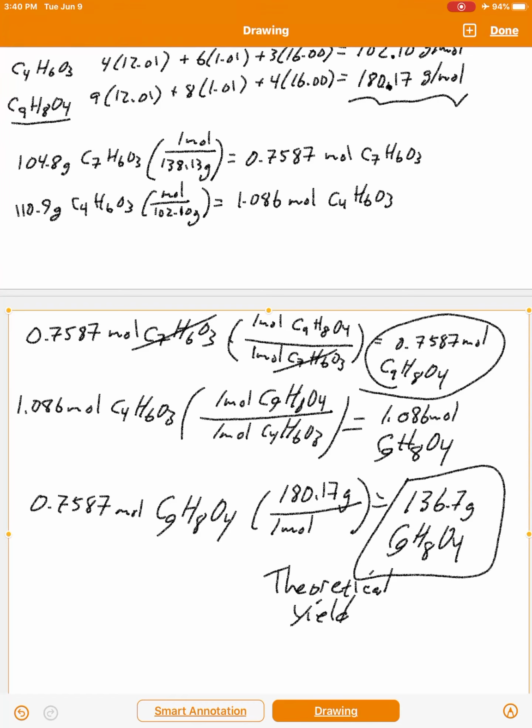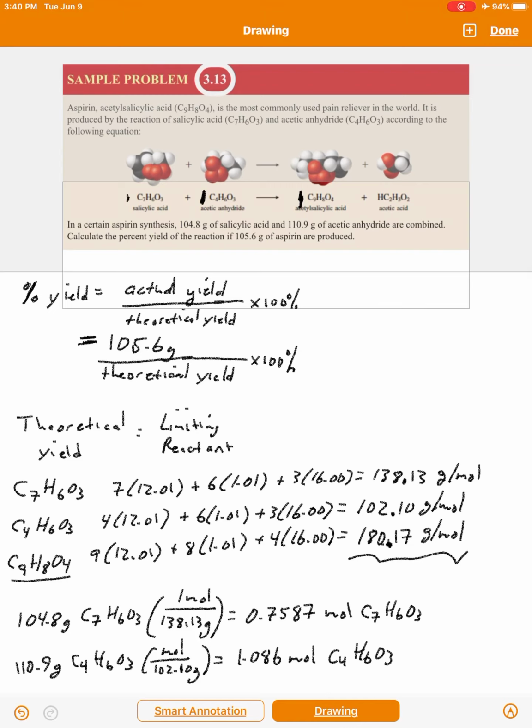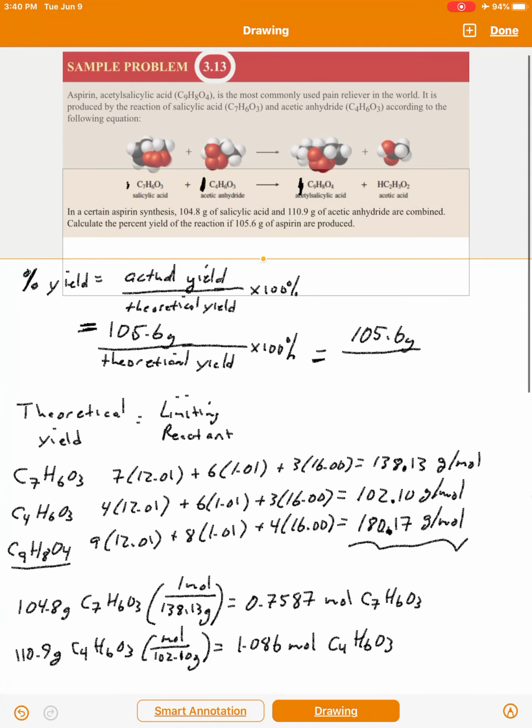Okay? The theoretical yield is the mass that you calculate using the limiting reactant problem. So it's 136.7. So now we can come back to the beginning. 105.6 over 136.7 times 100.